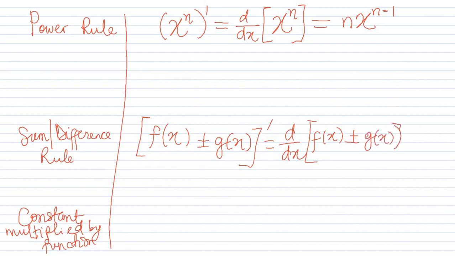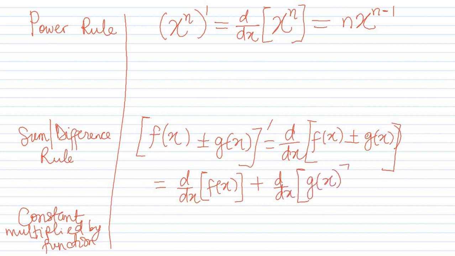What you're going to get is d over dx of f of x plus d over dx of g of x. So that's it. That's that one.